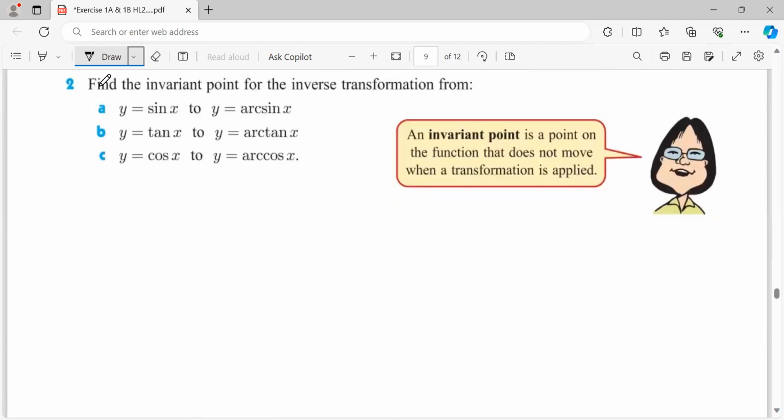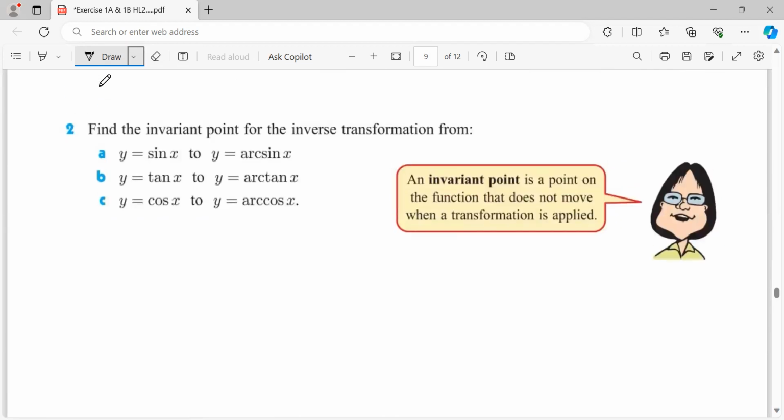Number 2, find the invariant point for the inverse transformation from A, B, C. What is the invariant point? An invariant point is a point on the function that does not move when a transformation is applied.